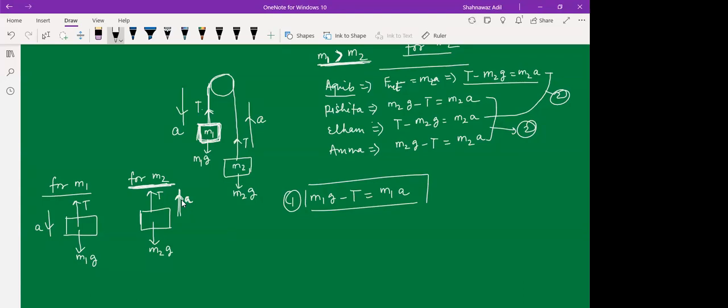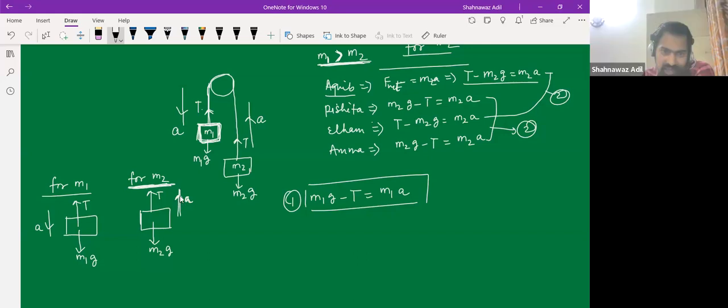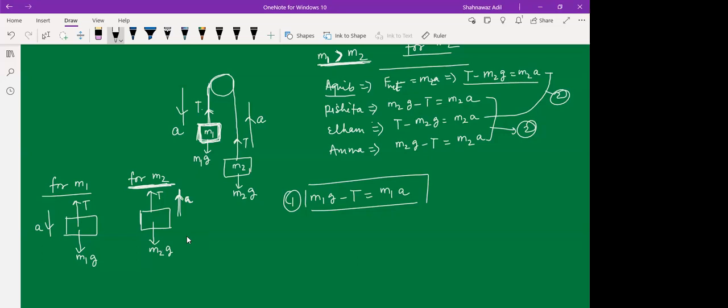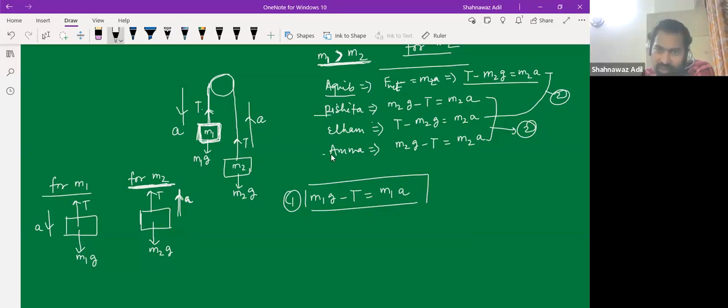Yes, sir. And whatever is against this acceleration, you take as negative, right? Yes, sir. So now Rishita and Amna understood what should be there. So this should be T minus.